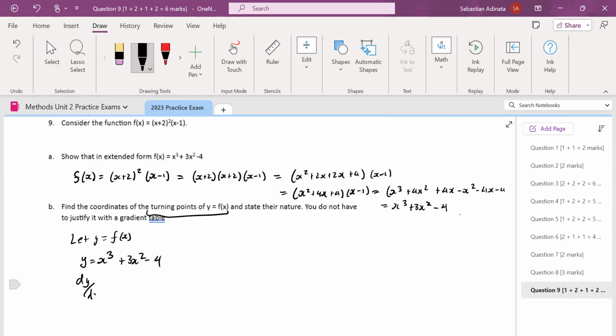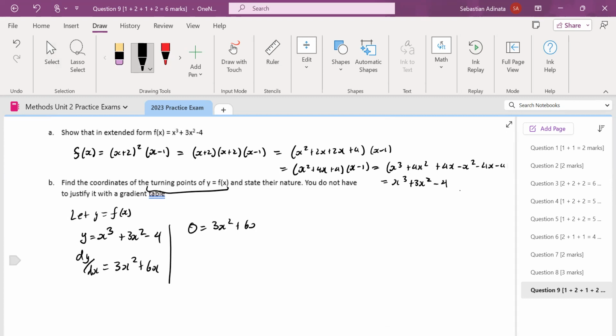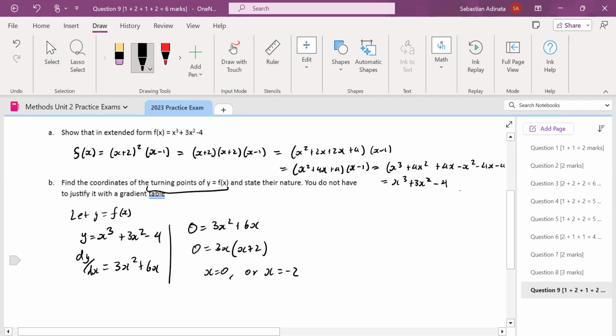That means dy/dx is equal to 3x squared plus 6x. So we want the derivative to equal 0. And let's find what x has to be. That means x is equal to 0 or x is equal to -2.